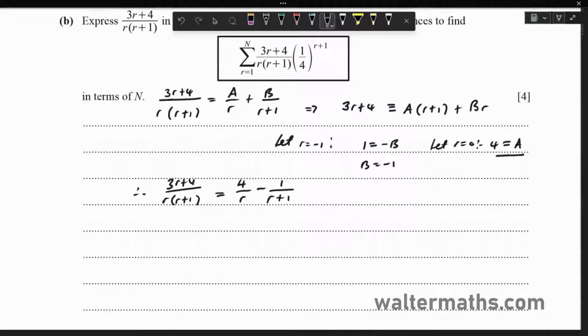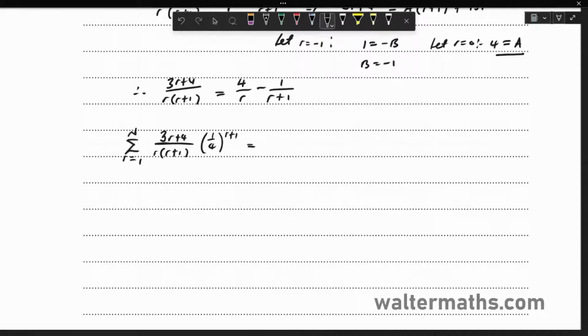So for the sum, that's the sum to n from r is equal to 1 up to n of 3r plus 4 over r of r plus 1 of a quarter to the r plus 1. I'm going to say this is equal to the sum from r is equal to 1 up to n of, and for this I'll use the partialized form so that we can employ the method of differences.